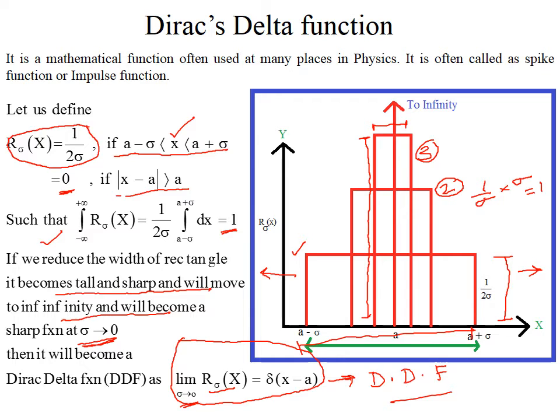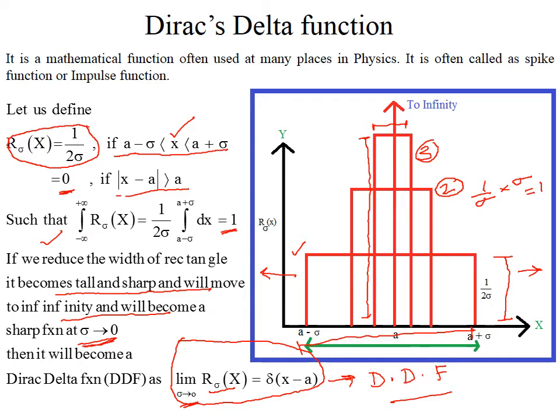You can see in the mathematical representation here, the function is defined as rho of x equals 1 by 2 sigma, and this is the interval where these values lie. This only holds when x is between a minus sigma and a plus sigma.